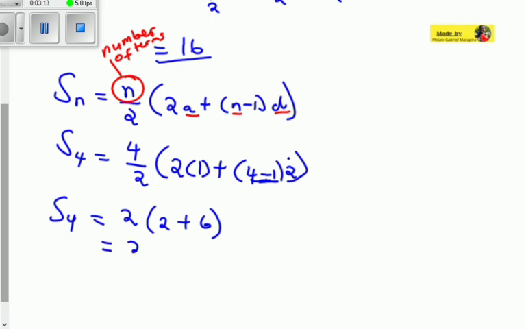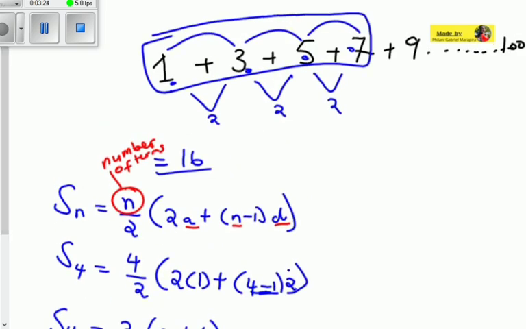So this is 2 multiplied by 8, and this equals 16. Can you see that the sum of the first 4 terms gives you 16? Remember that we added manually because we had only 4 terms. But if you have up to 100 terms or a higher amount of terms, you have to use this formula.